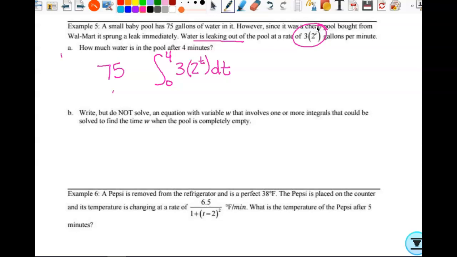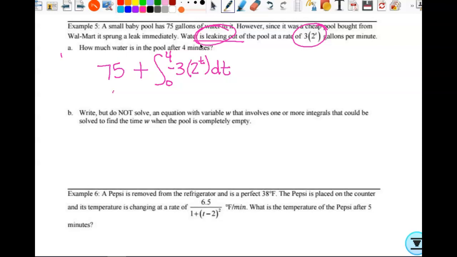Because it's using the word leaking, water is leaving. That's why the minus needs to go either here or here. We can still put the plus here, initial plus the change, but it's really a negative rate because of the word leaking. Does that make sense to you? And you can catch yourself if you think about the reasonableness of your answer. Like, wait, this makes no sense, I should have less. So that was a very good catch.